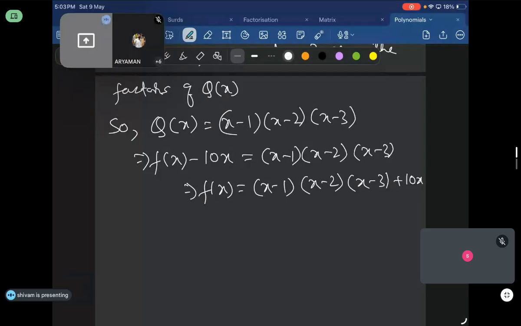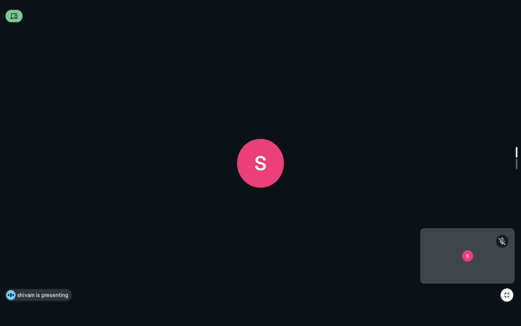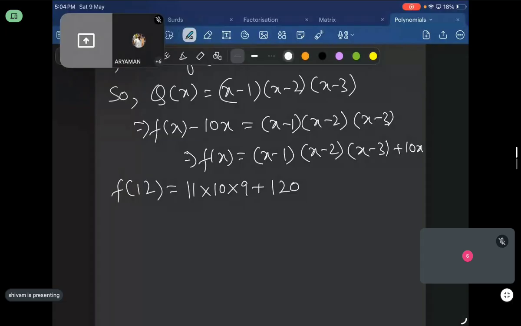What is f of 12? F of 12 is equal to 11 into 10 into 9 plus 120, right? And what is f of minus 8? F of minus 8 is equal to minus 9 into minus 10 into minus 11. And over here 10 into minus 8, minus 80.